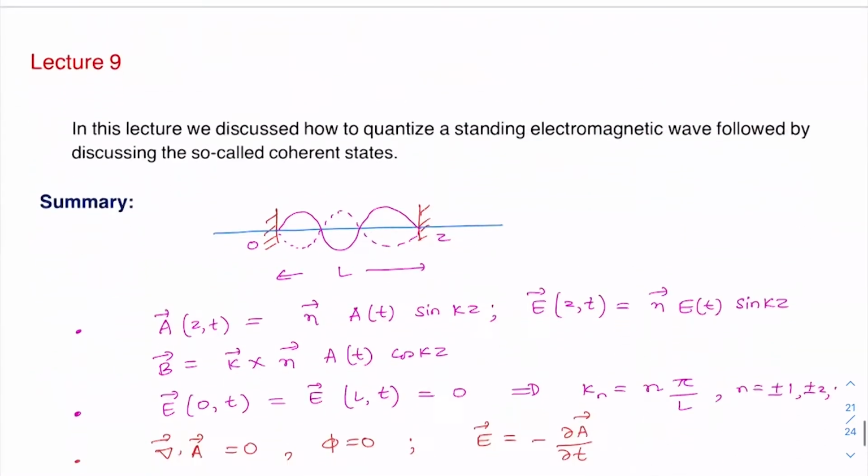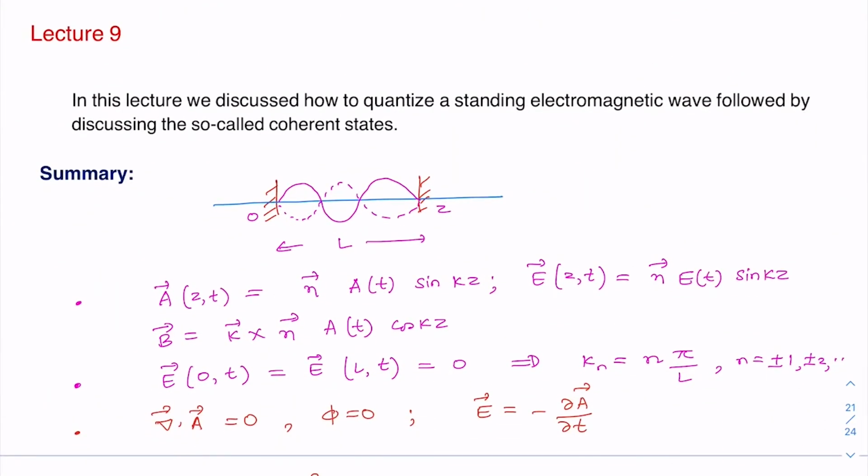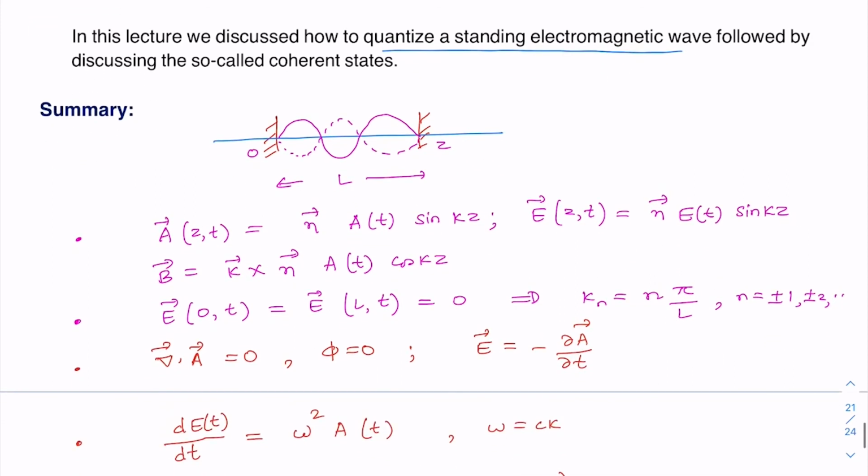Then in lecture 9 we went on to discuss the quantization of the standing electromagnetic wave, and there the procedure was analogous but with some differences, because now we have to satisfy boundary conditions. If it is a standing wave, the electric field is zero at the boundaries, at say z equal to 0 and z equal to L. So these boundary conditions have to be satisfied.